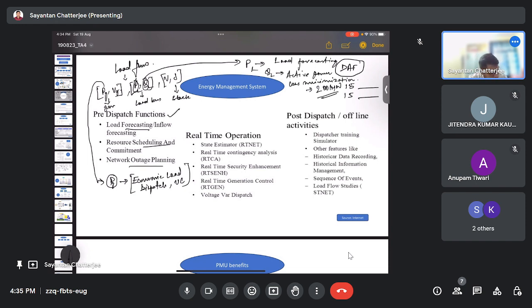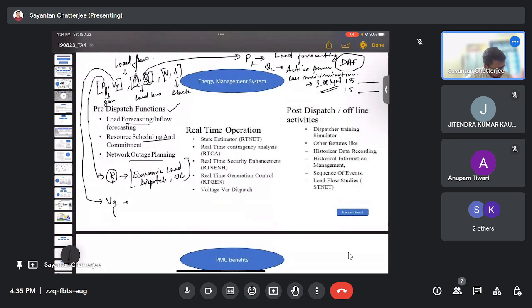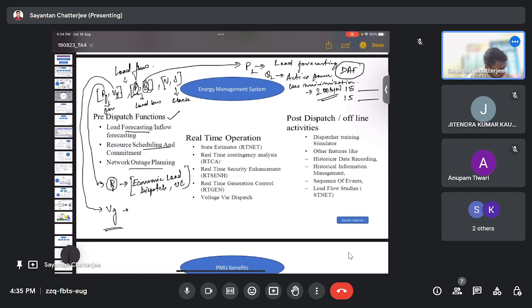And this VG, the voltage, let me rethink the VG part, and I will be telling VG.